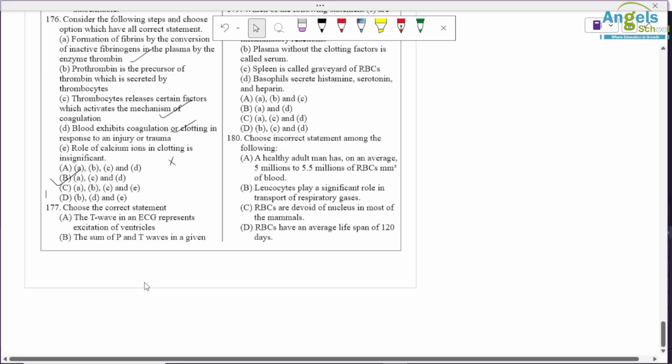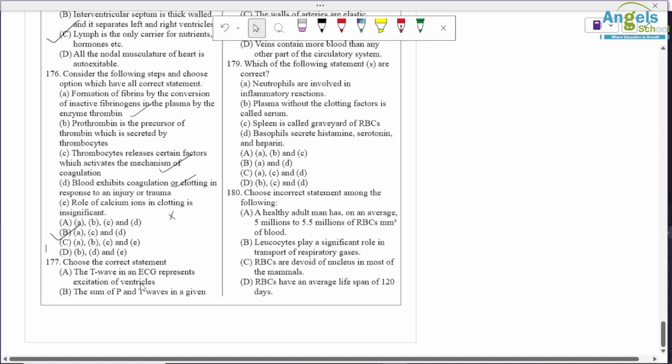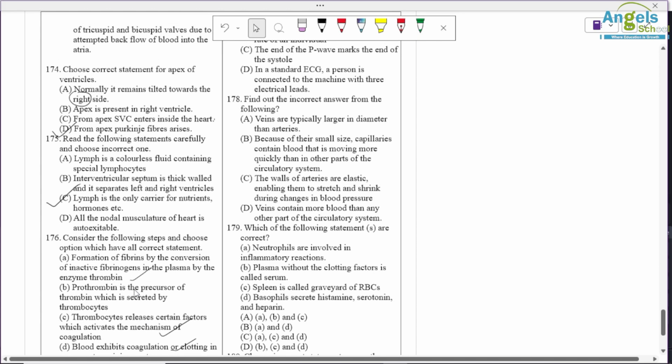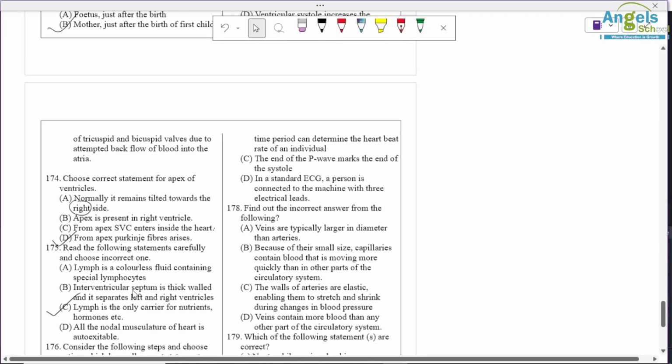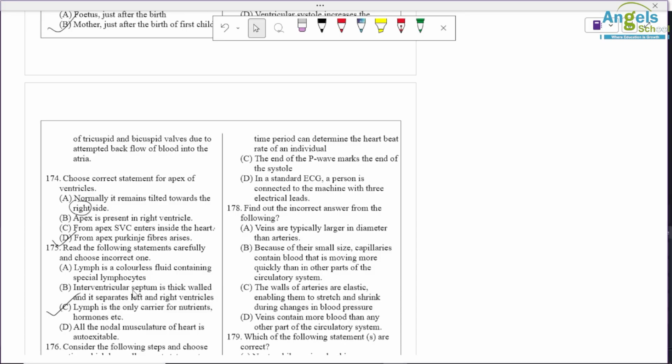The end of P wave marks the end of atrial systole, not overall systole. So here D, in standard ECG the person is connected by a machine with 3 electrical leads. So here 177 correct option is D only.